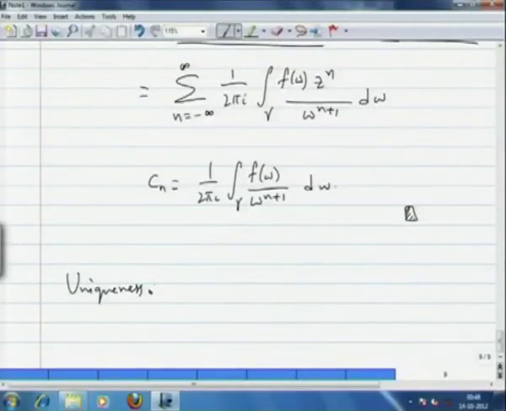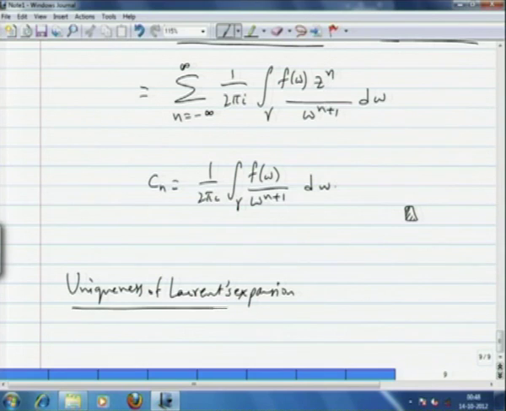Okay. Now, what we are going to do is we are also going to show that this series expansion is unique. Okay. So, uniqueness of Laurent's expansion. Okay.